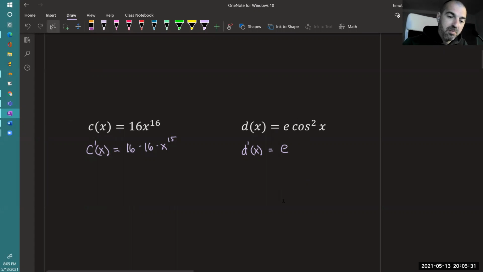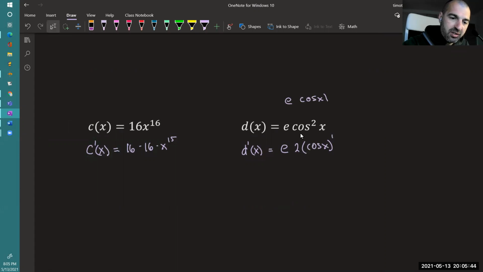Now I've got the power rule of 2 cosine x to the 1. So what happened there? This could be rethought of as e times cosine x squared, in which case we have a power rule. So the 2 moves to the front, it gets lowered from a 2 to a 1, and I rewrite what's there.